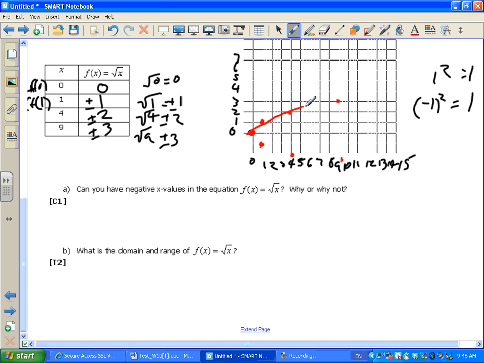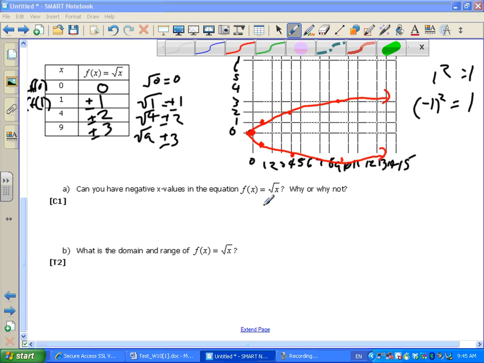So if you guys notice, this is a sideways what? Parabola, that's right. But is this a function? No, it doesn't pass the vertical line test. But it is a sideways parabola. Can you have negative x values for this equation? No, we can't. Why not?